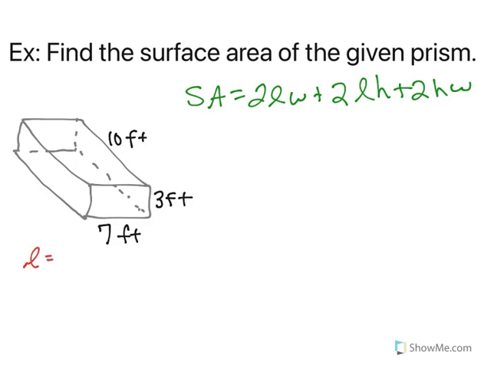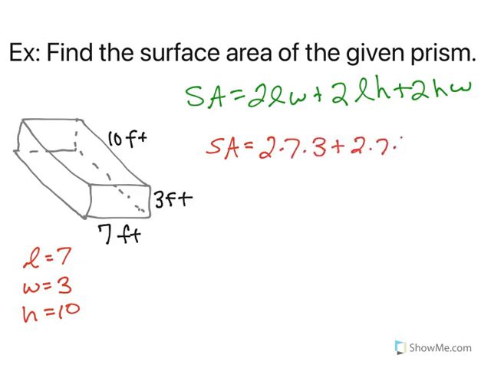So I know that my length is 7, my width is 3, and my height is 10. So let's plug in what we know. 2 times 7 times 3, plus 2 times 7 times 10, plus 2 times height of 10 times width of 3.